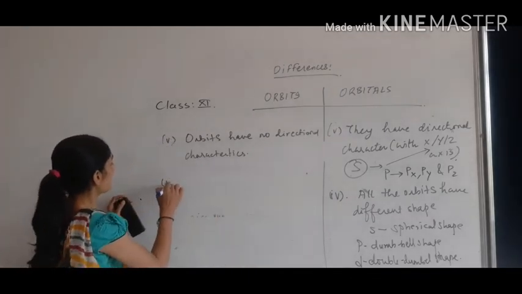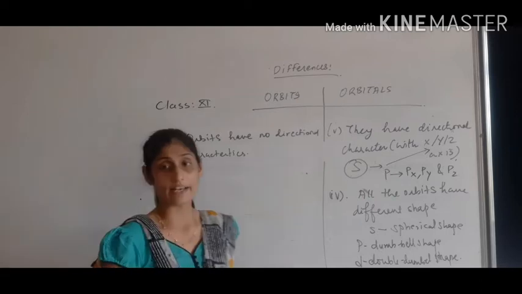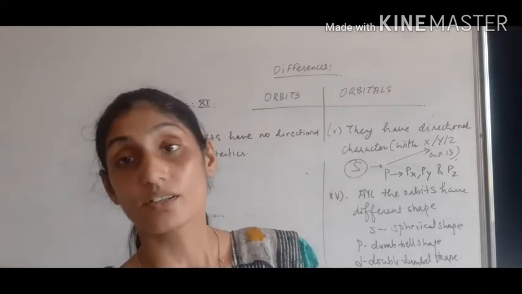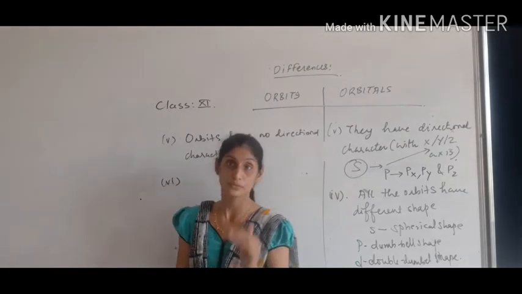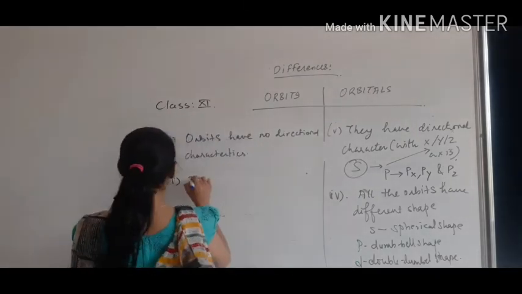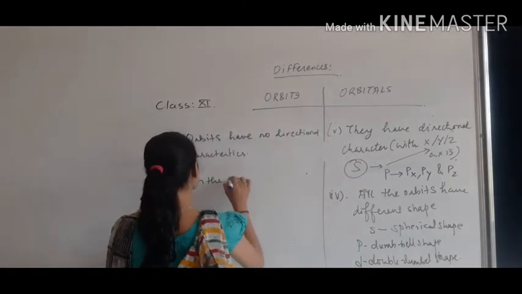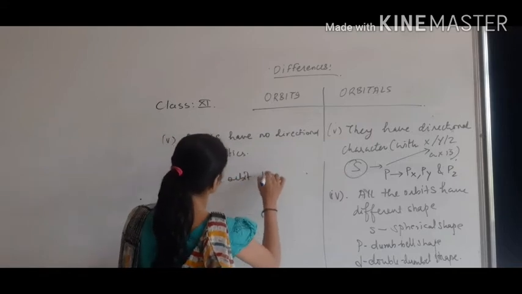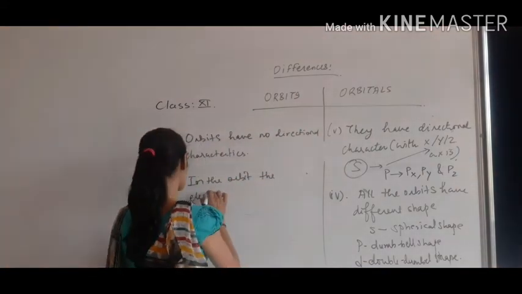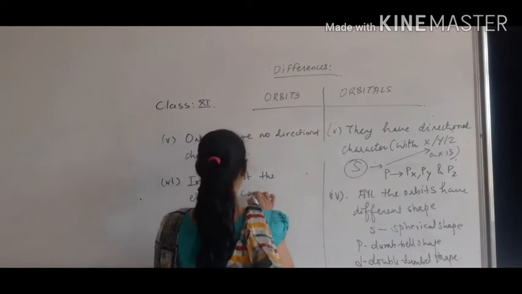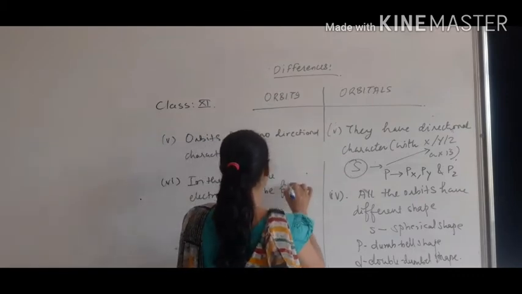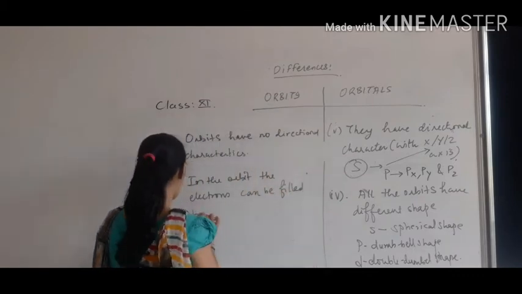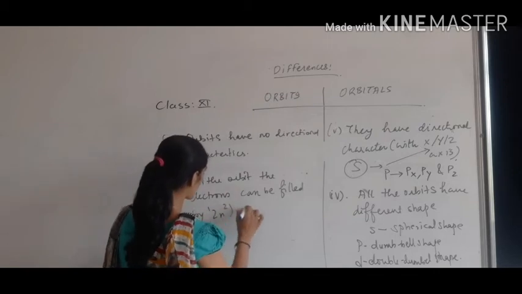Children, we have learned in 9th class that K, L, M and N, where we are filling the electrons by the formula 2n square. So here we can write that in the orbit, the electrons can be filled by the 2n square formula.